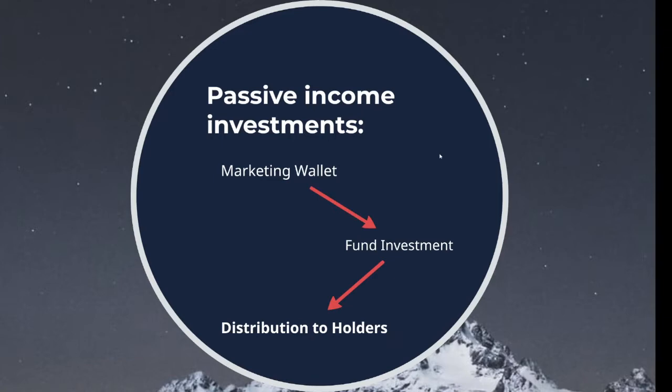Since we are a long-term project, over time, you will see the fund growing every single week. It depends on the volume, but if we keep, for example, a rough volume of around 200 to 500K per week, then this generates a couple $1,000s for the fund, which are added into the fund.